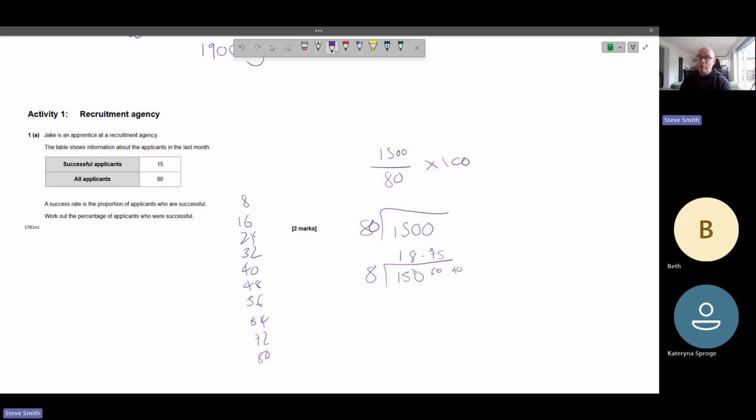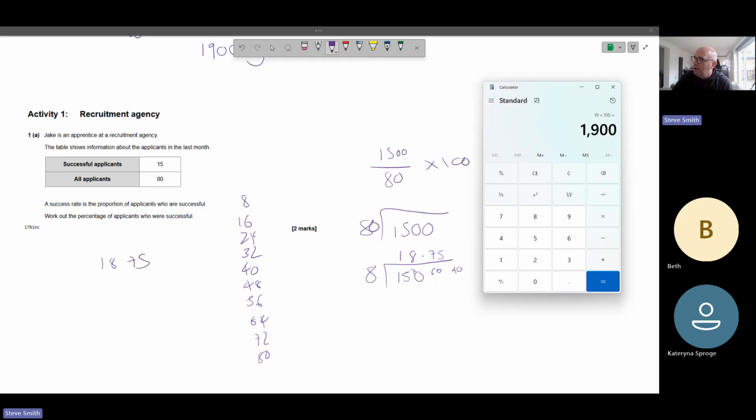It still gives us a decimal place, but if you had the choice to use a calculator, you'd do 15 divided by 80 equals that, times 100. So if you did have a calculator, you'd just do the exact sum, 15 divided by 80 times 100.